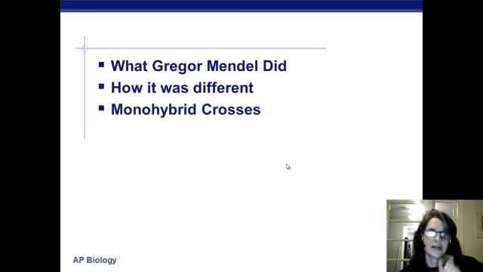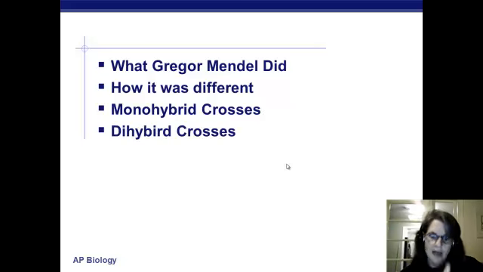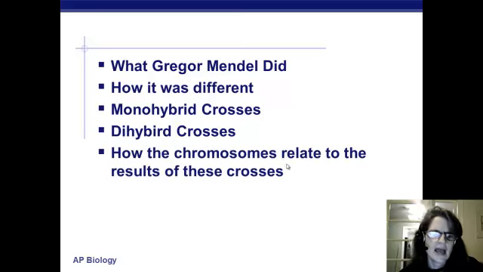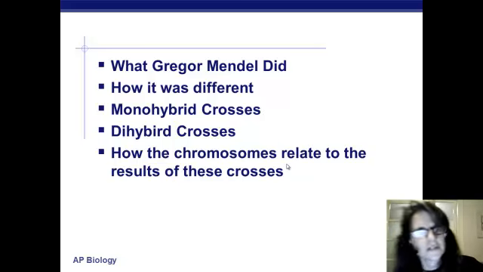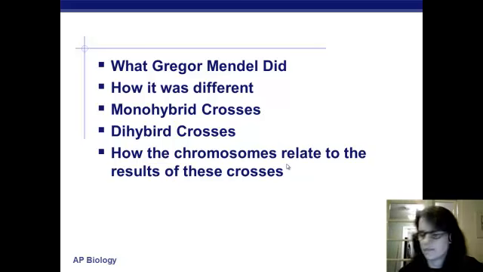We want to understand how to do a monohybrid cross, which I hope you already do, a dihybrid cross, which I'll also bravely hope you already know about, or will take only a little bit of refreshing, and how it is that the chromosomes, what they are doing, actually relate to what we see in these crosses of plants or people or other organisms.